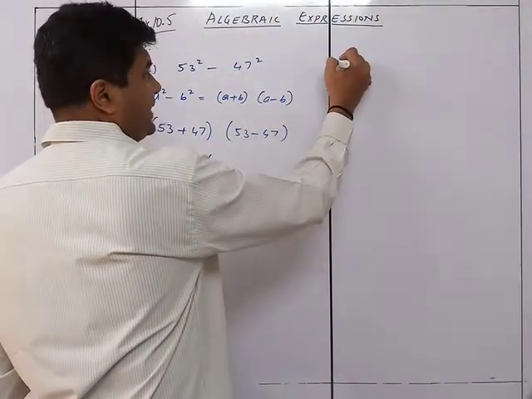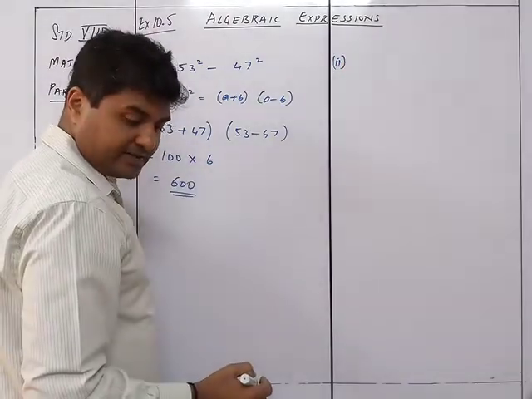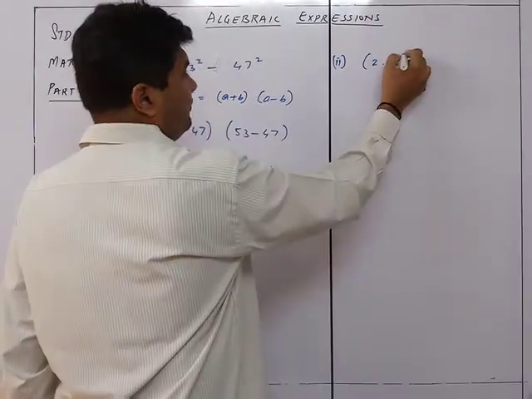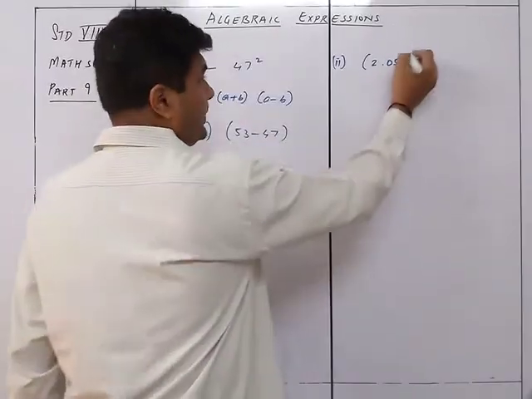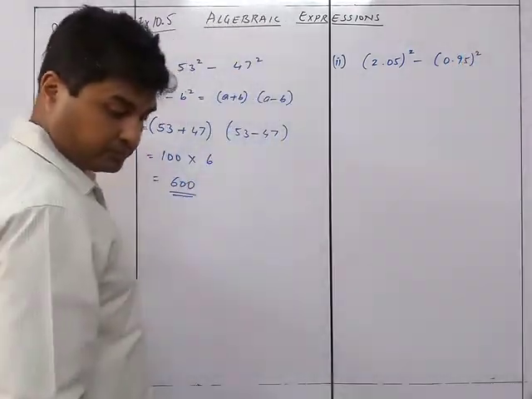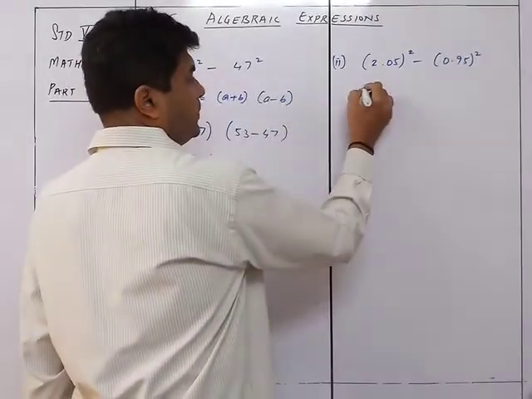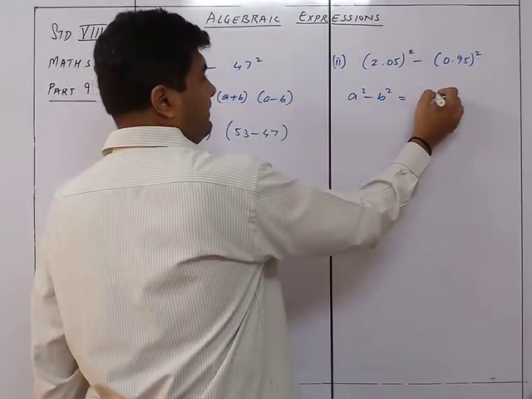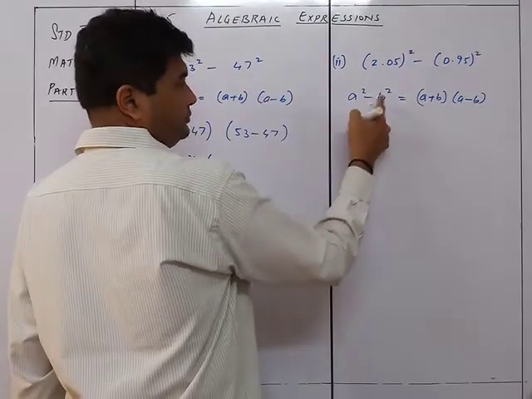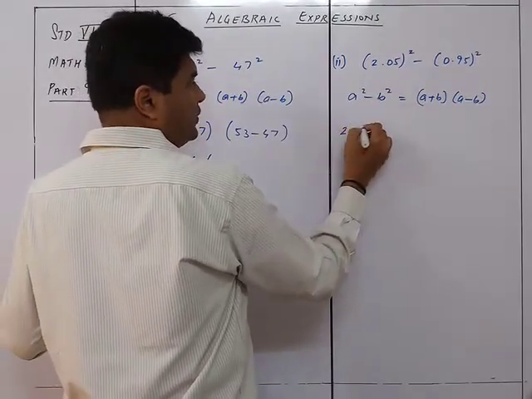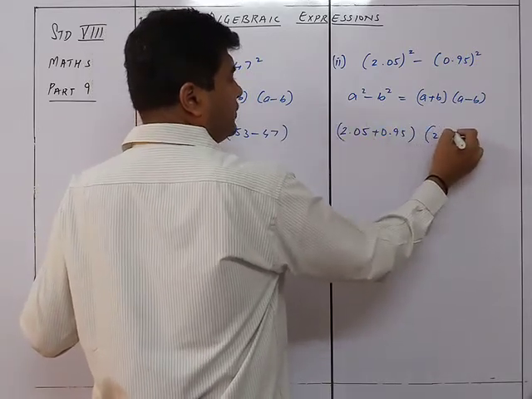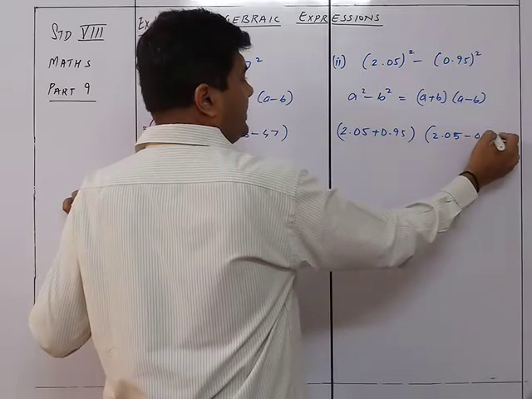We take the second sum again. Because of the decimal points, we will take that one first. That is 2.05 the whole square minus 0.95 the whole square. So again it is a square minus b square is equal to a plus b into a minus b. So that is going to be 2.05 plus 0.95 into 2.05 minus 0.95.